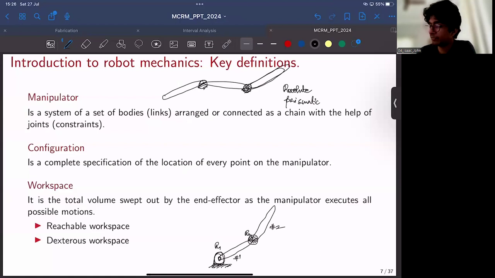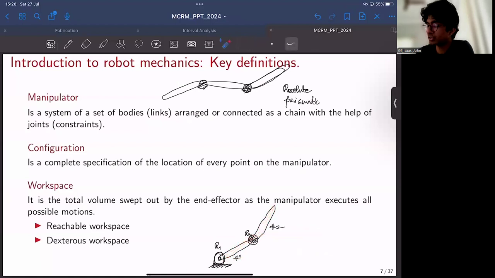And as per the definition, the configuration is the complete specification of the location of every point of the manipulator. So the configuration means we should be able to identify each and every point of the manipulator. Basically, we can do so by two coordinates.